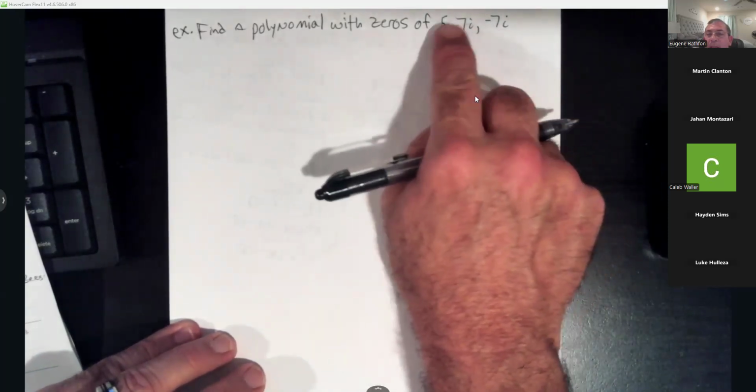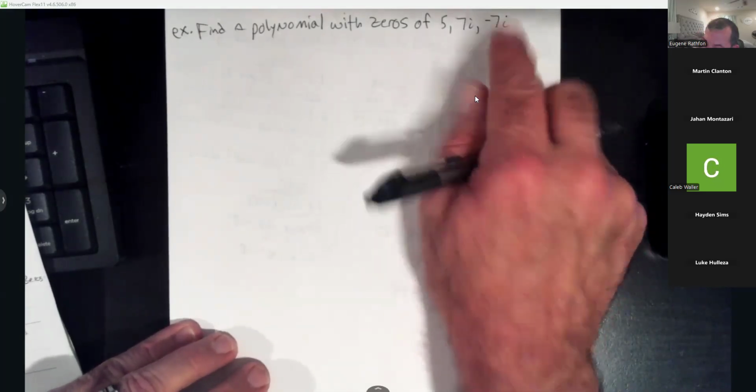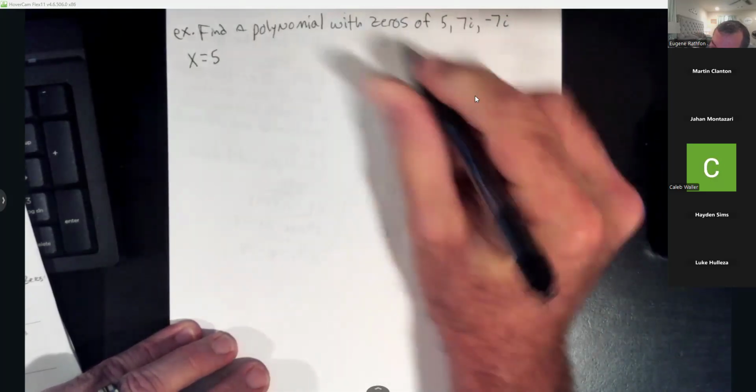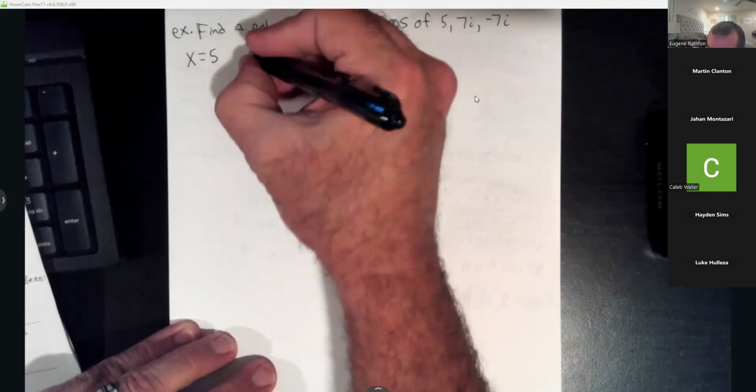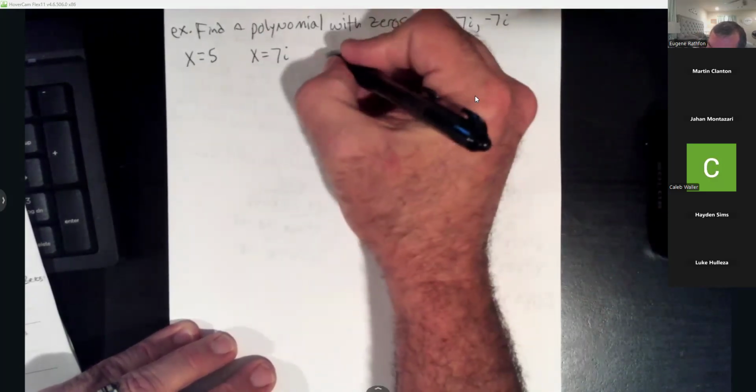My first step, once again, they're giving me 3 zeros. Those are my 3 solutions. So I'm going to come over here and put x equals 5, x equals 7i, and then x equals negative 7i.